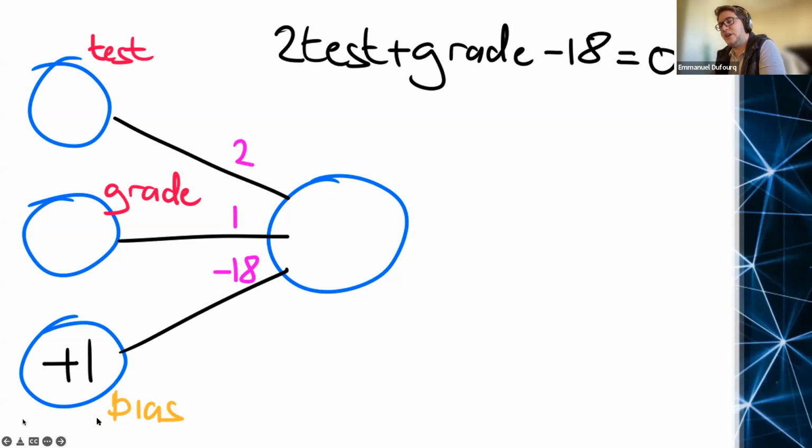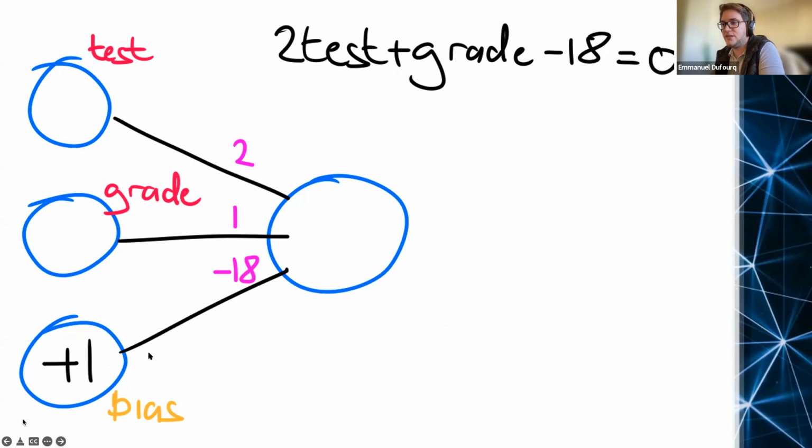So what the bias does is it acts like an intercept. If you think back to high school maths, where you learned about y is equal to mx plus c, c was the intercept. It's the same idea with neural networks. We have an offset that allows us to shift the graph, just like with y is equal to mx plus c.